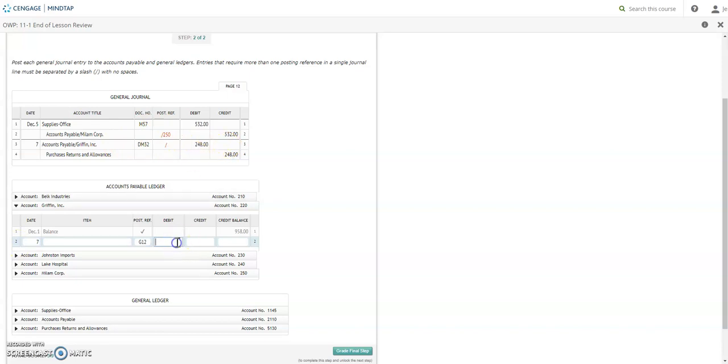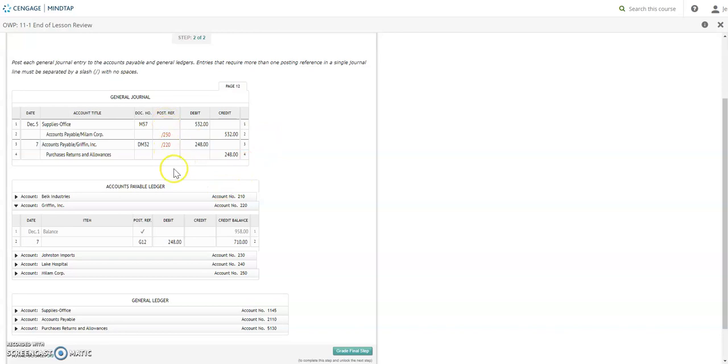I'm debiting that account for $248. I have a credit and then a debit, so that tells me that I'm going to subtract. My new balance then is $710, and my account number 220 is going to go back to my post reference.